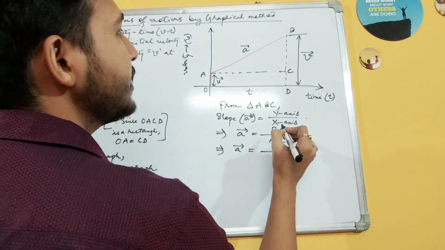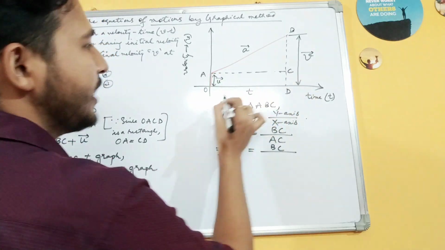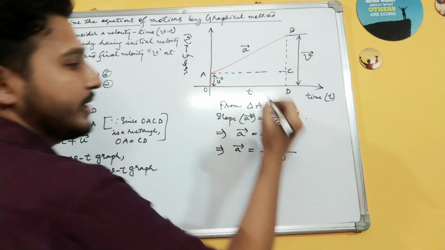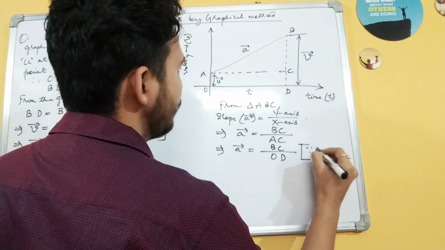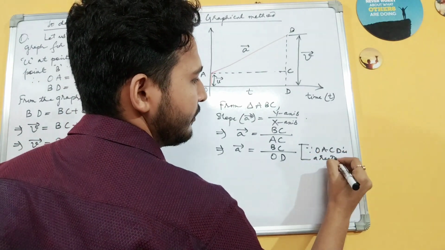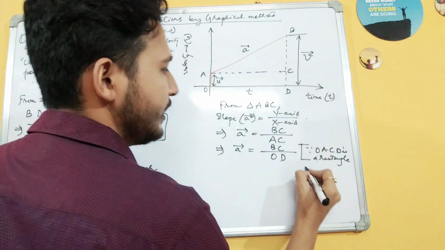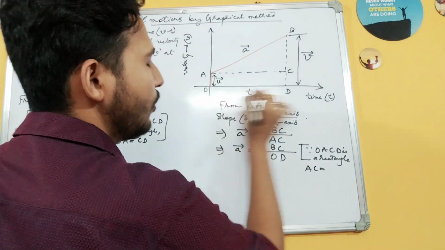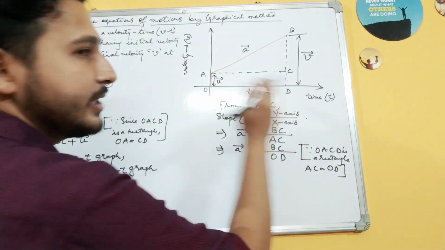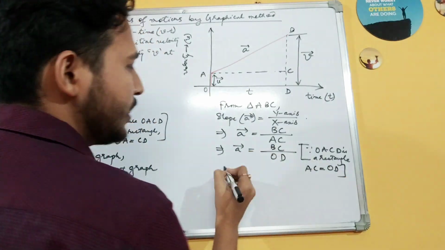So A bar is equal to what is the value of BC? We don't know, we need to find it out. What is the value of AC? Can we write it as OD? OD लिख सकते हैं ना? Because it's a rectangle. Since OACD is a rectangle, you can write AC is equal to OD because the lengths are equal. देखो ग्राफ से देख लो तुम लोग. रेक्टेंगल है, so AC is equal to OD.